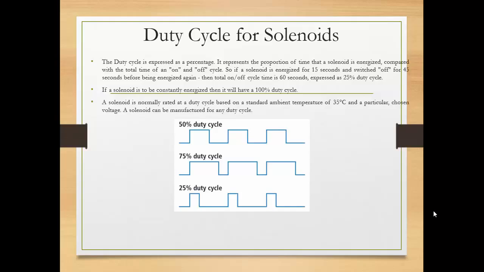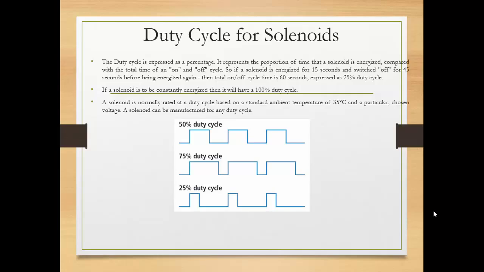For example, if a solenoid is energized for 15 seconds and switched off for 45 seconds, the total cycle time is 60 seconds, so the duty cycle would be 25%. If a solenoid is energized all the time, it is called a 100% duty cycle.